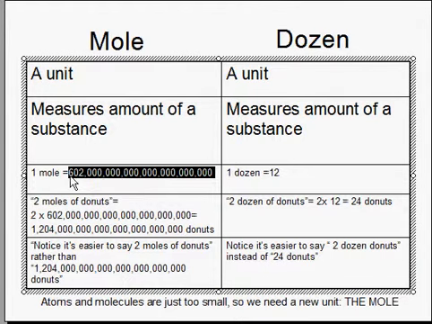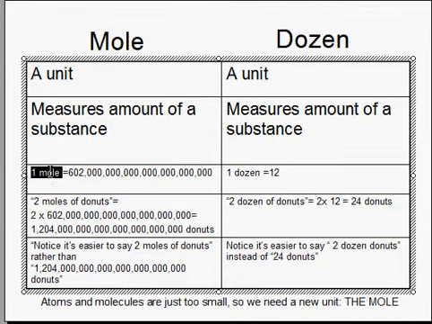So we can't actually say that, okay, there are 629,318,218,308 of them. Instead, we just say there's 3.08 moles of them. So having the mole makes it easier to articulate the amount of very small substances.